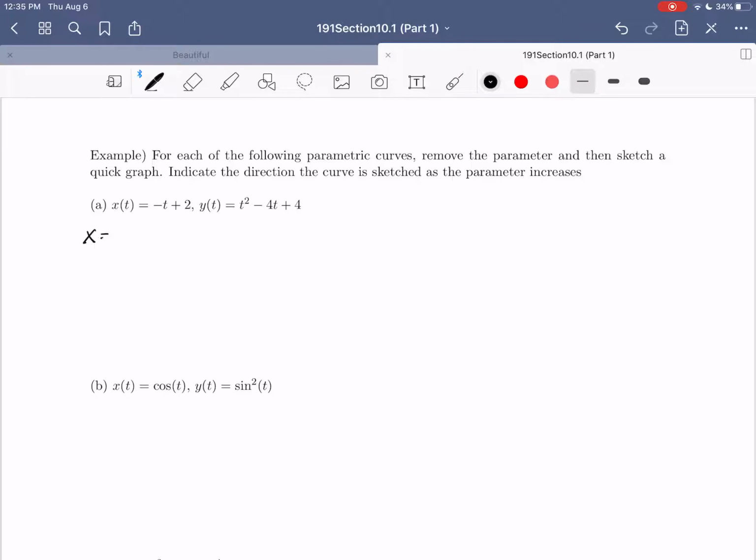We have x is negative t plus 2, and we have y is t squared minus 4t plus 4. Notice it would be pretty easy to solve for t in terms of x. We could say x minus 2 is equal to negative t. And then we can negate both sides and get 2 minus x is equal to t.